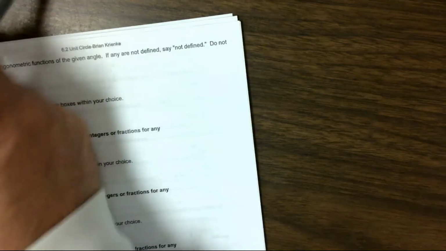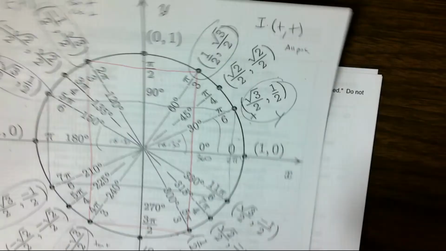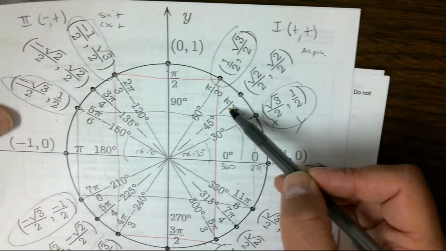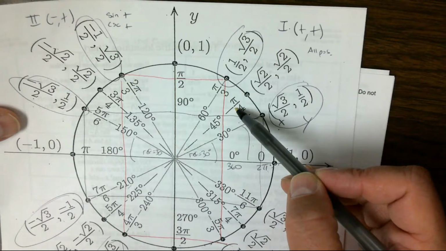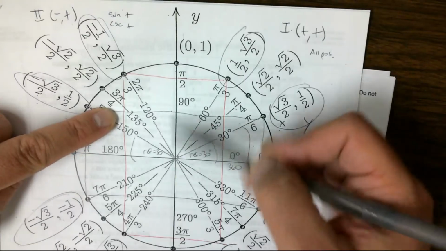On this page break, it's just showing a blank page for page 6. Now this one's 3 pi over 4. So your first step is to find it. If here's pi over 4, then 3 pi over 4 is here, reflecting across the y-axis.